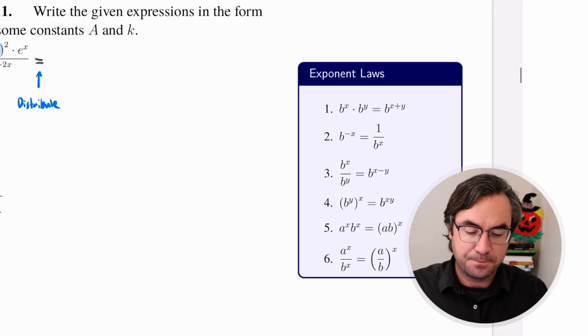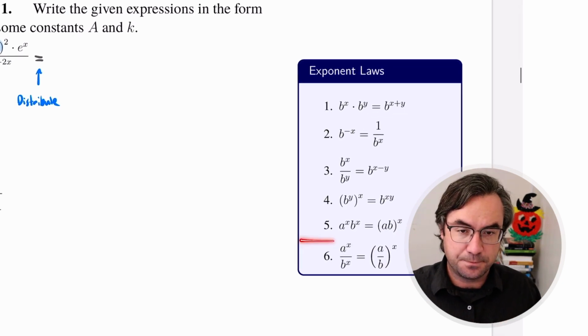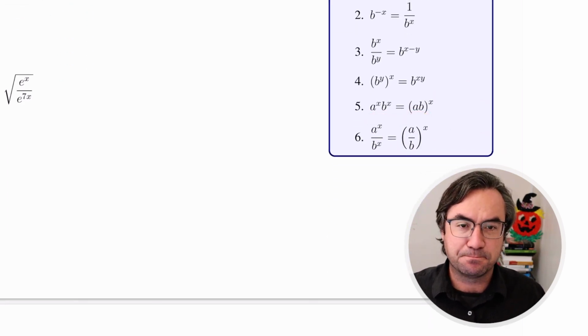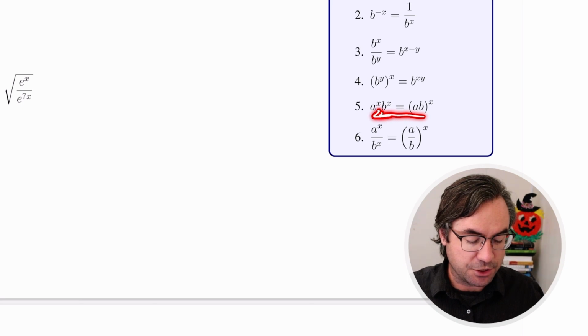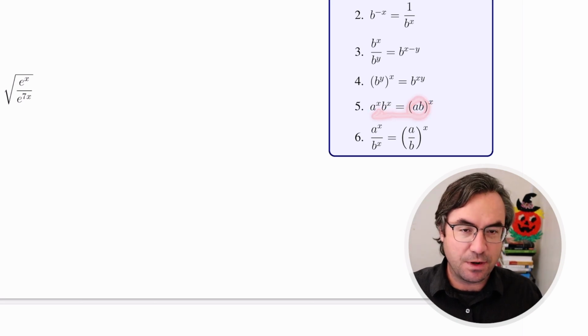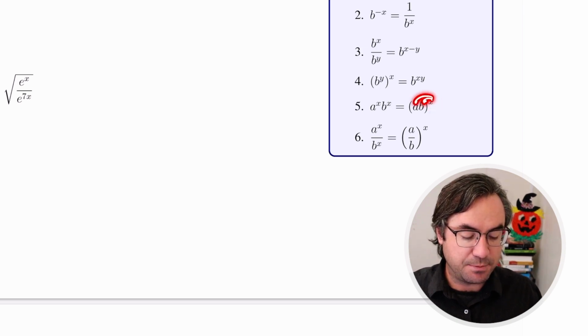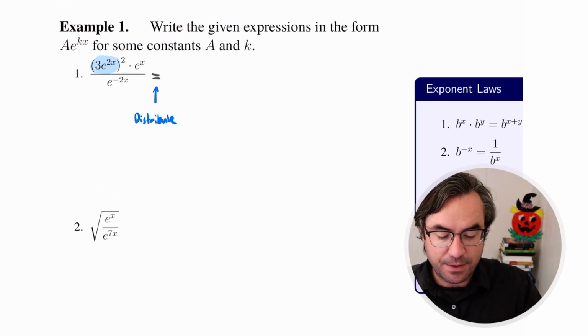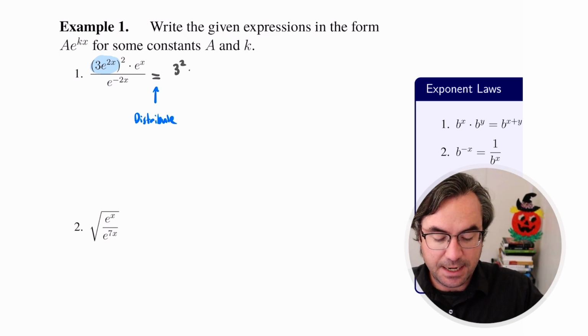So if we go back, we're going to use this property, going in this direction. We have something inside parentheses, all getting raised to a power, and we can distribute that exponent. So let's try it out. We're going to distribute. So we'll get 3 squared times e to the 2x squared.